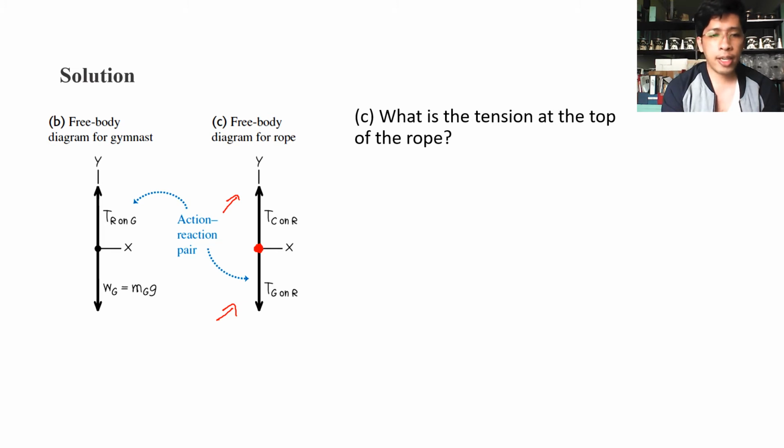But as you can see here, the tension that the rope exerts on the gymnast and the tension that the gymnast exerts on the rope are actually the same forces, and these are action-reaction pairs. Okay?